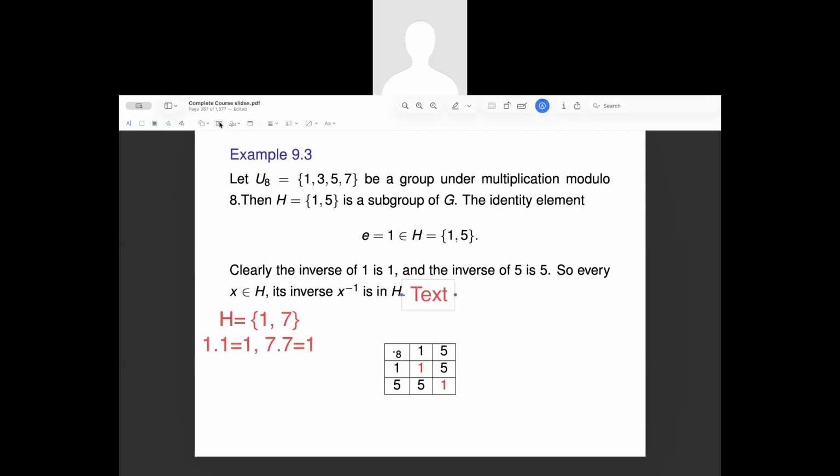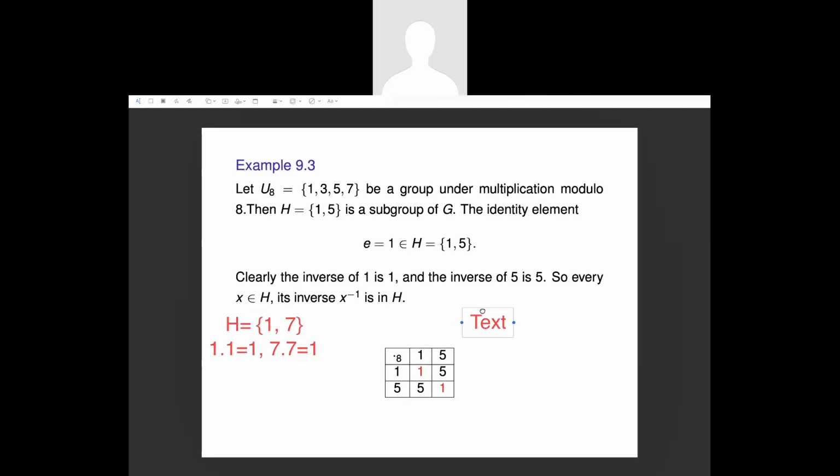Similarly, what about H equal to {1, 3}? Here 1 into 1 is equal to 1 and also 3 into 3 is equal to 9, which divided by 8 leaves 1. So this is also a subgroup.